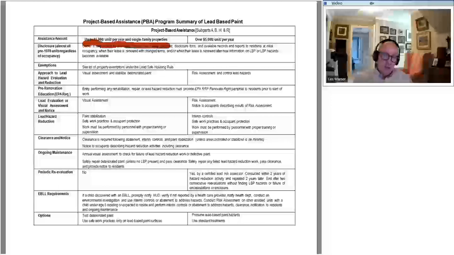Our definition of single-family properties is 1 to 4 units. So in the case where you have project-based assistance in a property that qualifies as single-family because it's 4 units or less, you're always going to be in this category, meaning that you're going to be doing a visual assessment. So for qualifying single-family properties, you're not really needing to make that calculation, because that's the category you're going to be in.